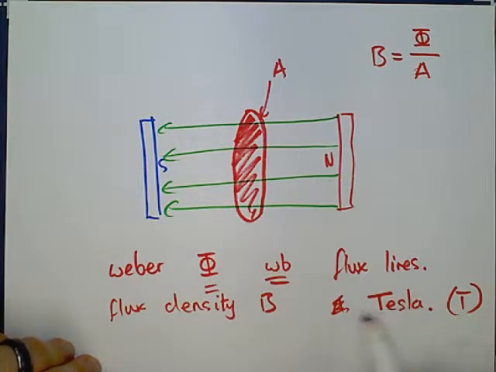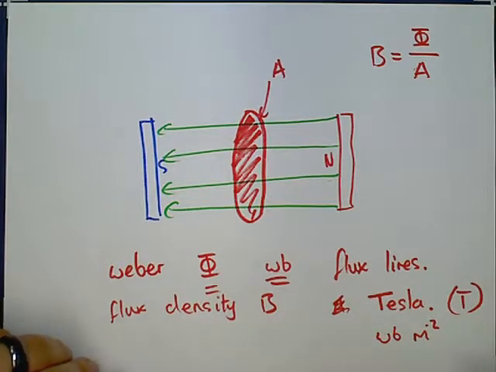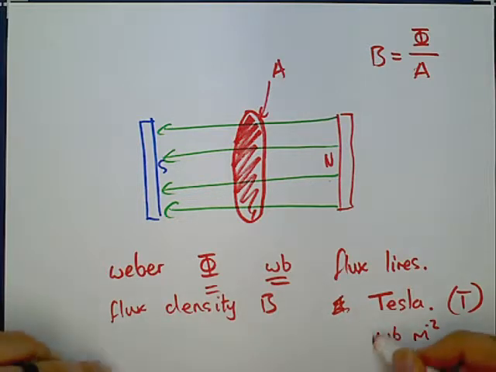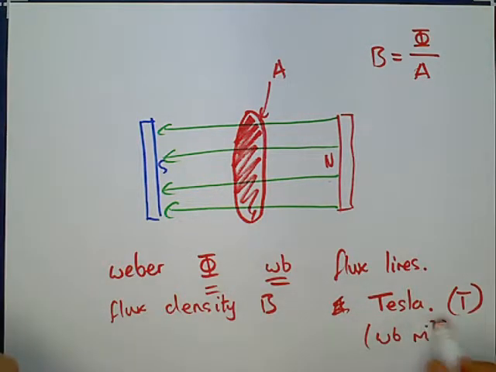Now you might think this is an interesting unit, because this is effectively the same thing as the amount of Webers per meter squared. It's nice to see this unit coming out, because a lot of people hear of Tesla and Tesla coils. Well, this is Tesla.